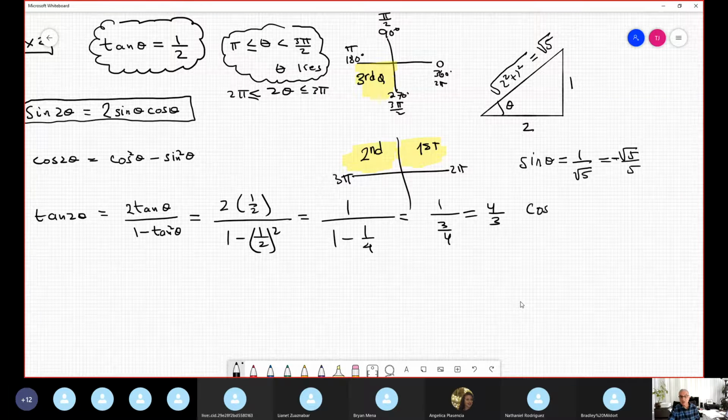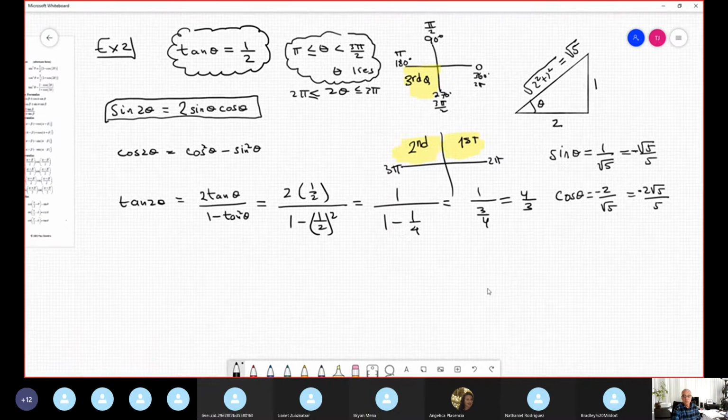And cosine theta is the ratio of the adjacent, which is 2 over radical 5. And then rationalized, it is again 2 radical 5 over 5, no? But the sign is negative, because sine and cosine both are negative. Okay? Let's move on to the formula.